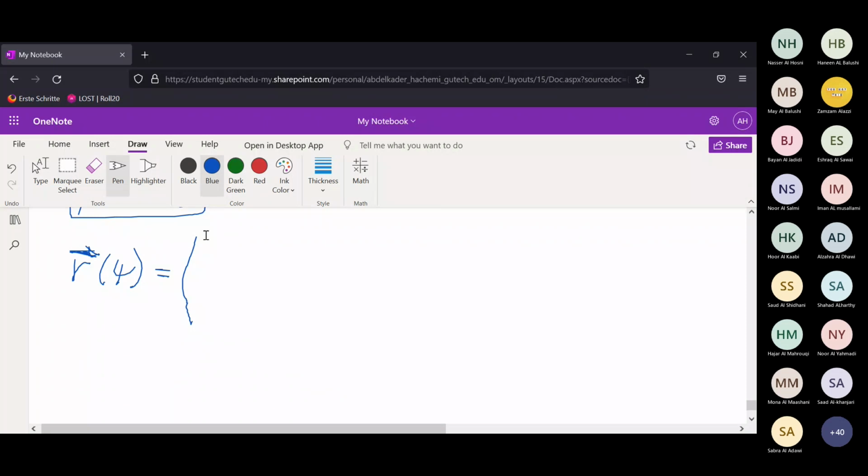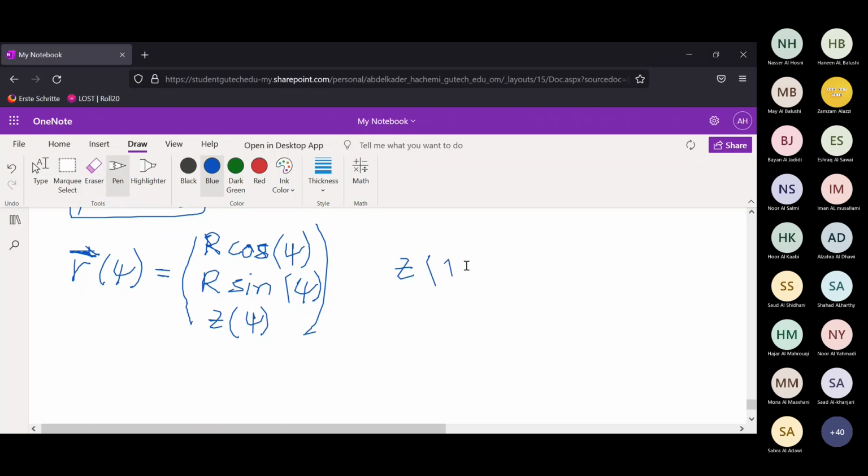Then we have r, the radius, cosine xi, r sine xi, and z as a function of xi.